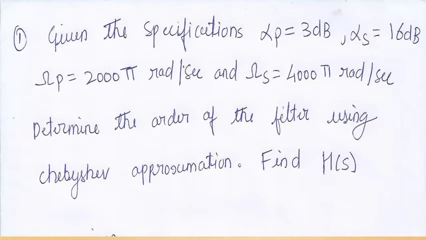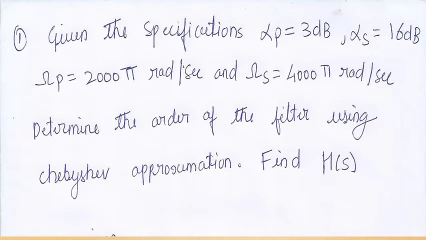So in the numerical displayed on your screen, they have given us the passband attenuation as 3 dB, stopband attenuation as 16 dB, passband frequency as 2000 pi radian per second, and stopband frequency as 4000 pi radian per second.